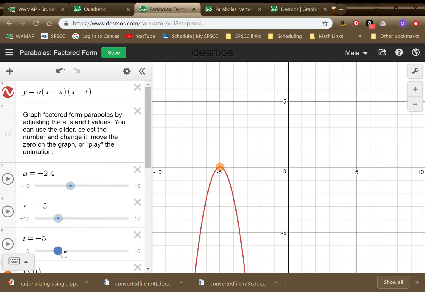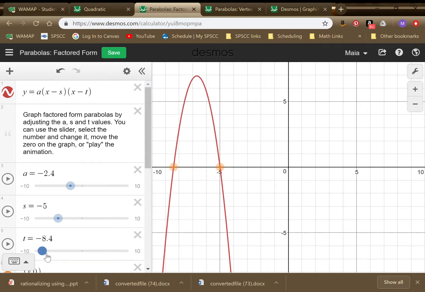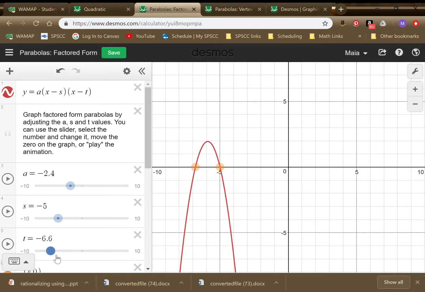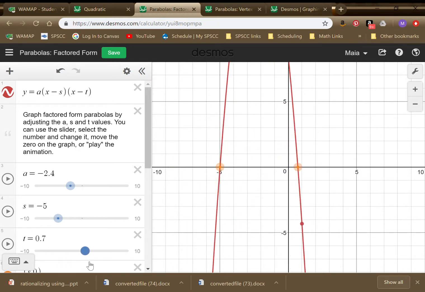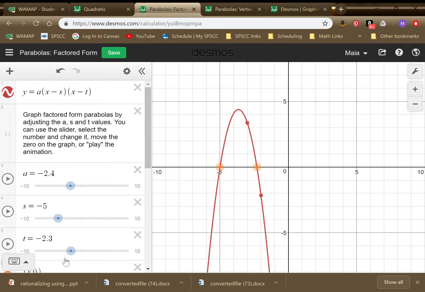If both factors are x minus negative 5, so x plus 5 basically, then we only get one intercept. If the second one is smaller than negative 5, then the intercept goes the other direction. So factored form gives us really easy free information about where we cross the axis.